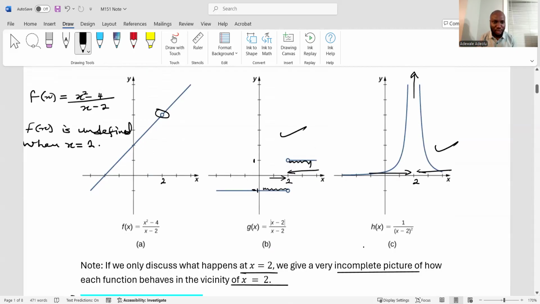As we get closer and closer to this point 2, the y value is getting closer and closer to 4. This is 4: 1, 2, 3, 4. And also on this side, as we get closer and closer to 2 from this side, the y value is getting closer and closer to that limiting value, which is also 4.